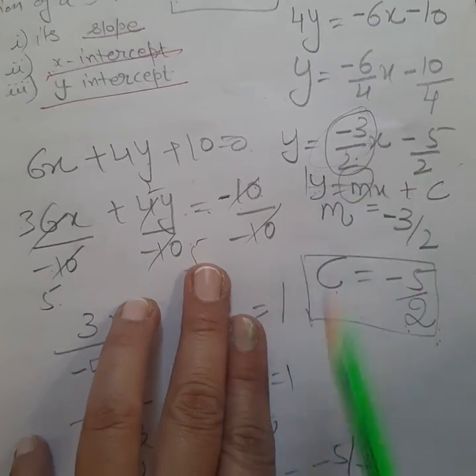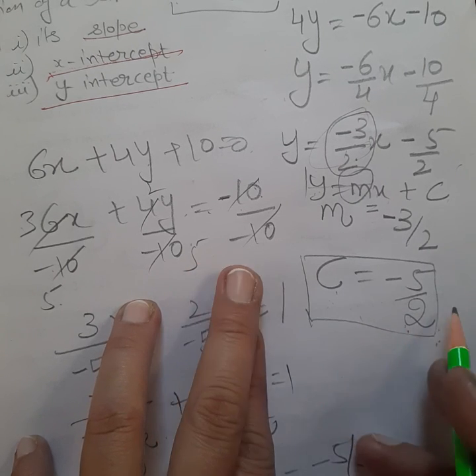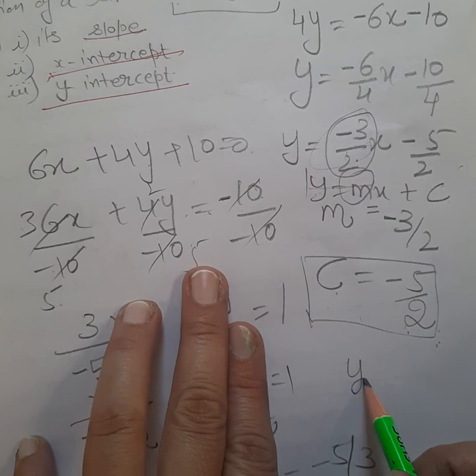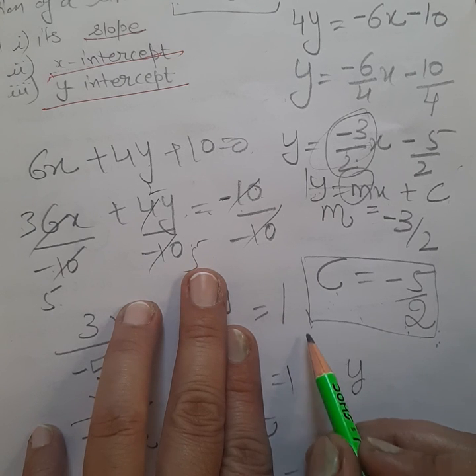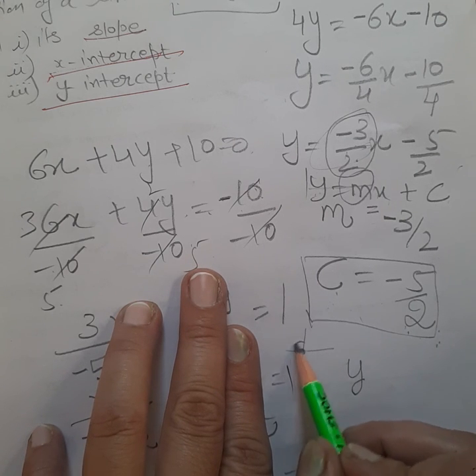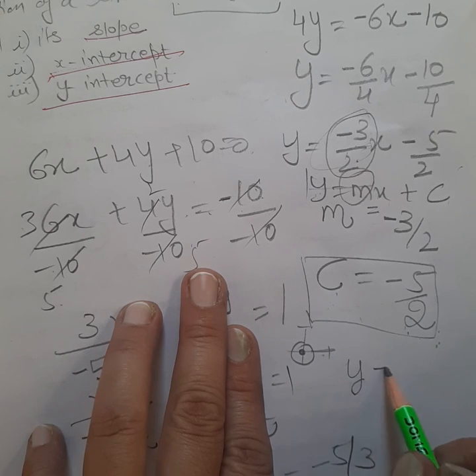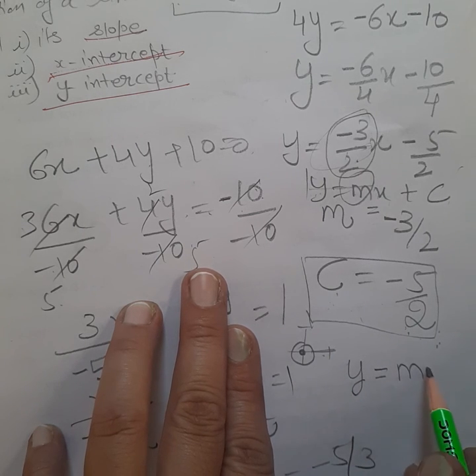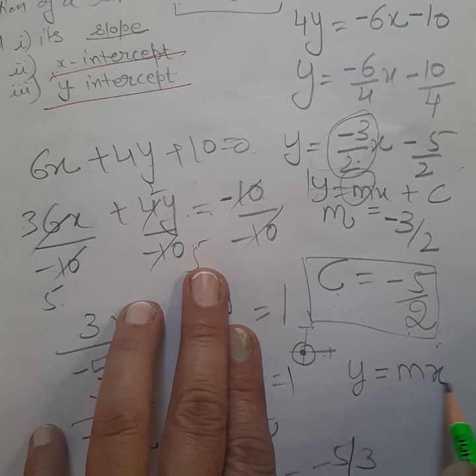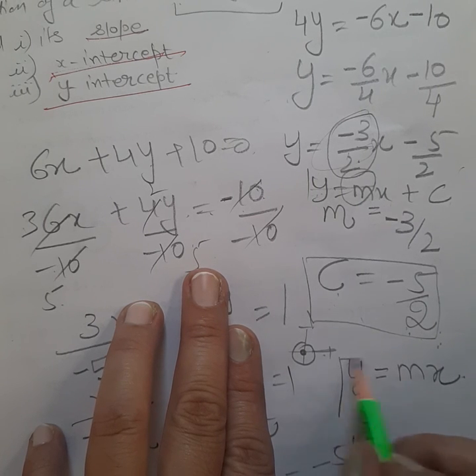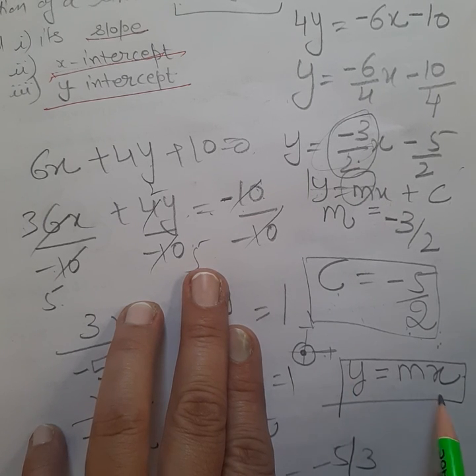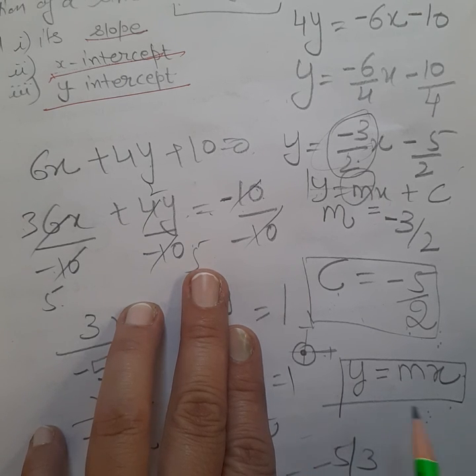If it says that your line is passing through the origin, then we have no intercept, because at the origin we are at this position, so we have no intercept in this way. In that situation, you get the equation of the straight line as y equal to mx, meaning we do not have the intercept c when a line passes through the origin.